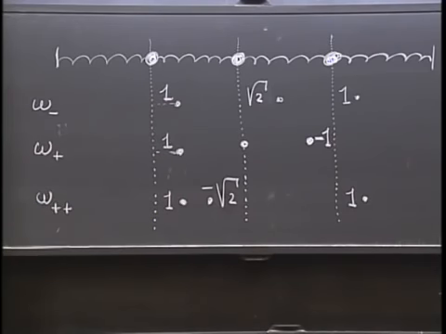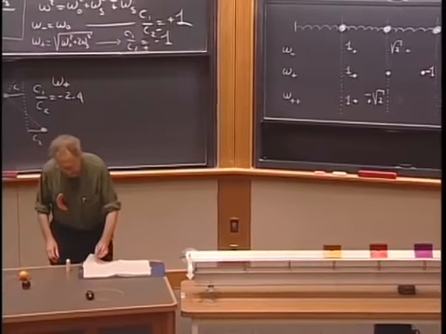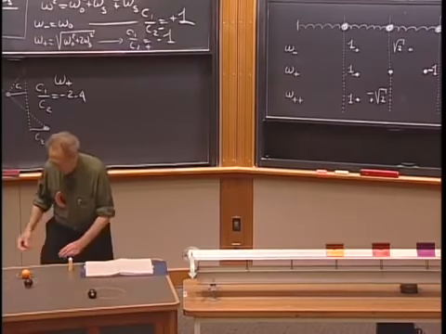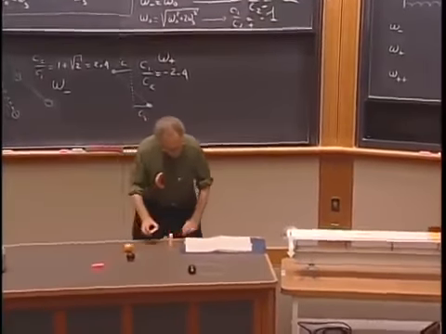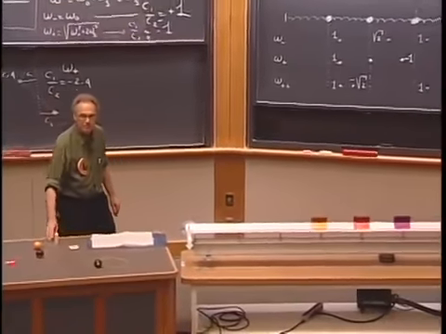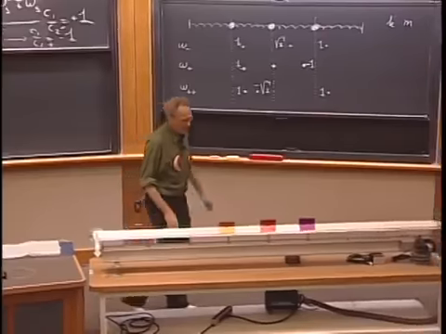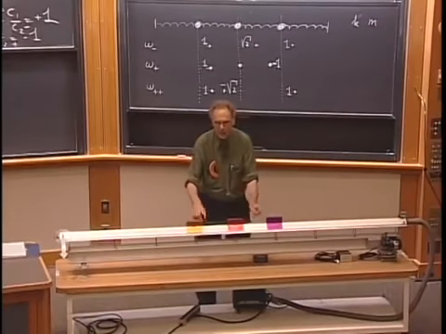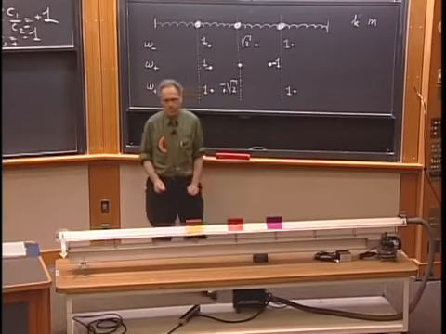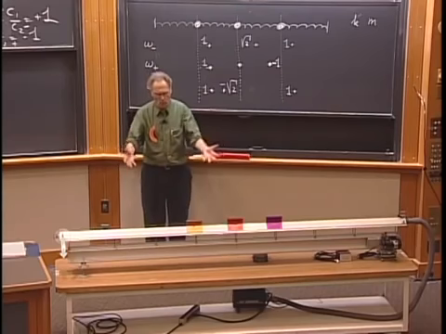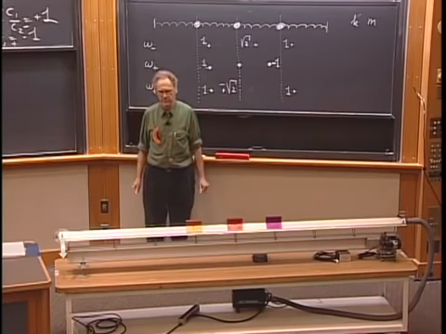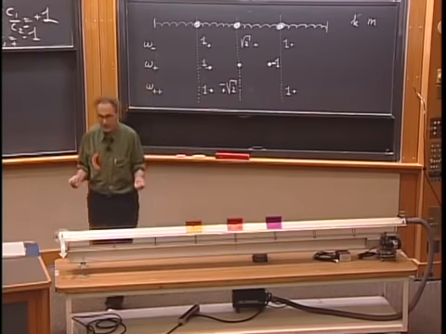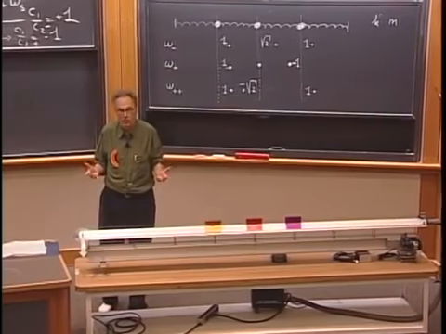Now, I can demonstrate this. The way I'm going to demonstrate this is with the air track that I have here. The beauty with this air track is that I can place these cars wherever I want, and they're not going to move because I don't have any air. Then I turn on the air, and they are immediately free to go.